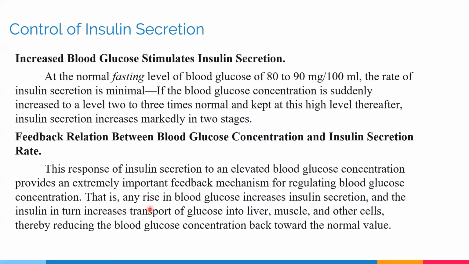That is, any rise in blood glucose increases insulin secretion, and the insulin in turn increases transport of glucose into liver, muscle, and other cells, thereby reducing the blood glucose concentration back toward the normal value.